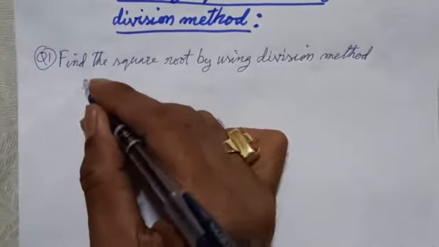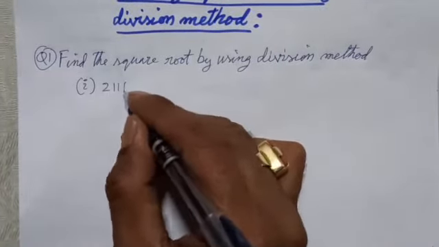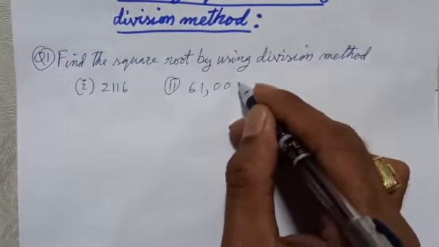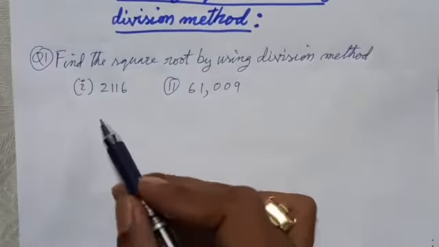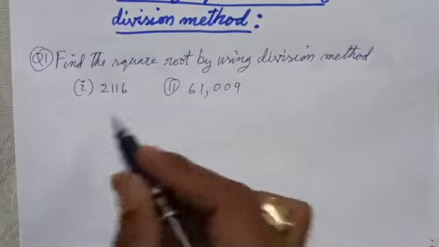There are 2 questions. In Roman number 1, 2116. In Roman number 2, 61,009. Now let's try to find the square root of these given numbers by using the division method.